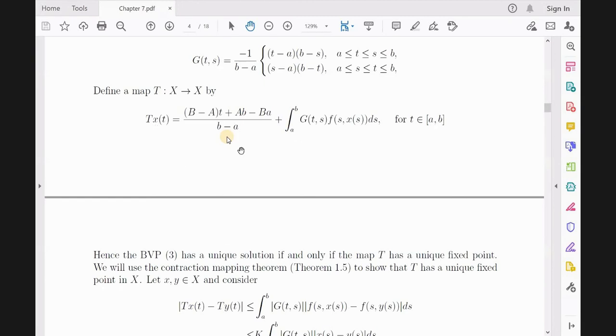Just subtract these two, so you can see this is cancelled with this integral. So this is less than or equal to the integral from a to b of g(t,s) times the absolute value of f(s, x(s)) minus f(s, y(s)) ds.